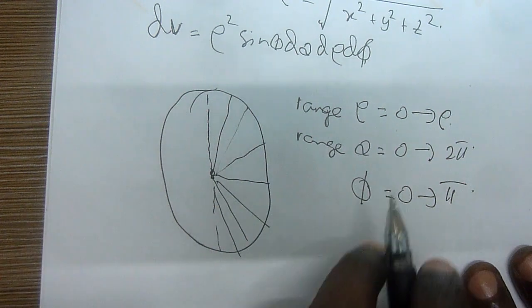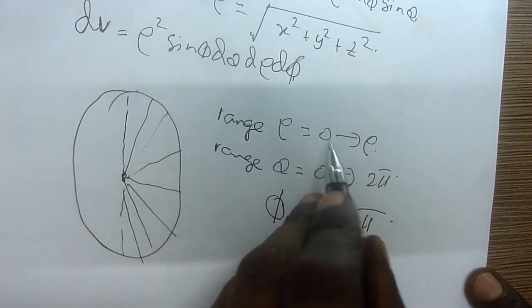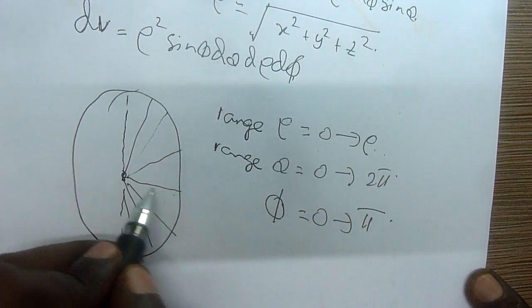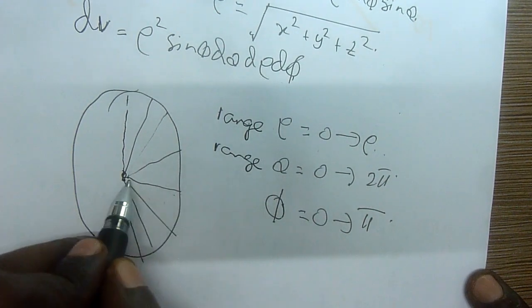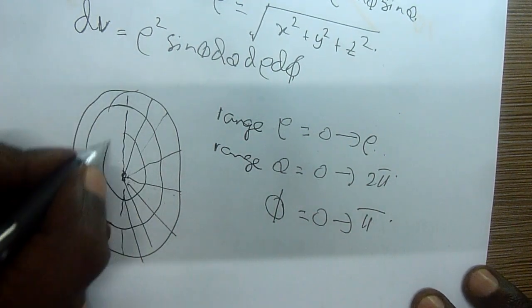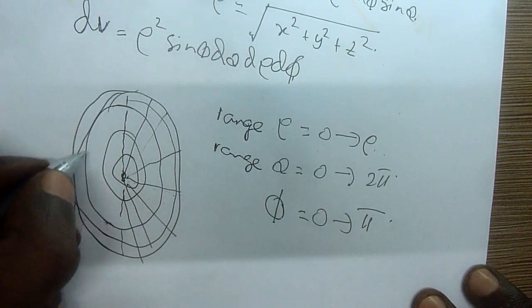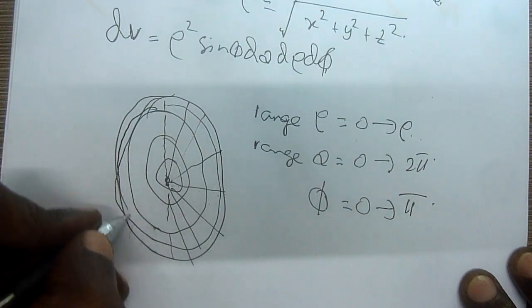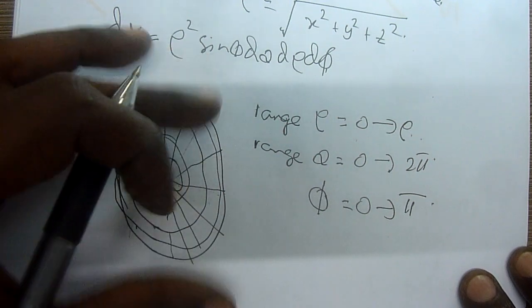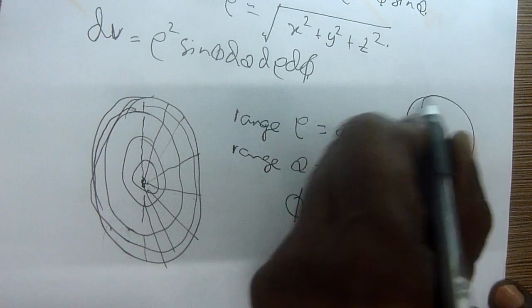Can you understand this or not? Again, this one will go here. The rho can go inside. Inside it can create many layers like that, many small sphericals, one spherical inside another.